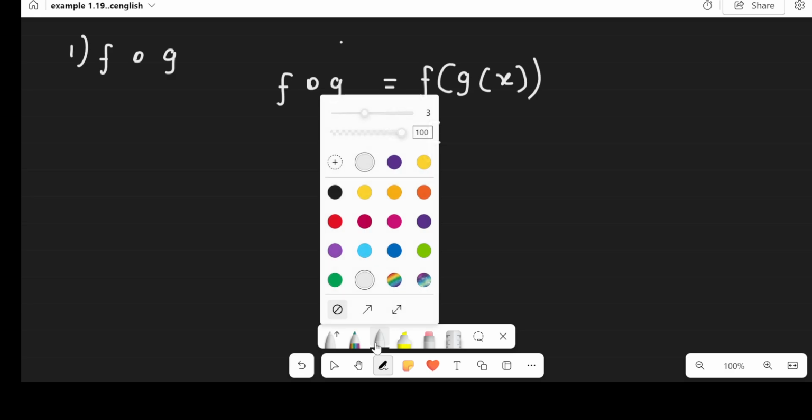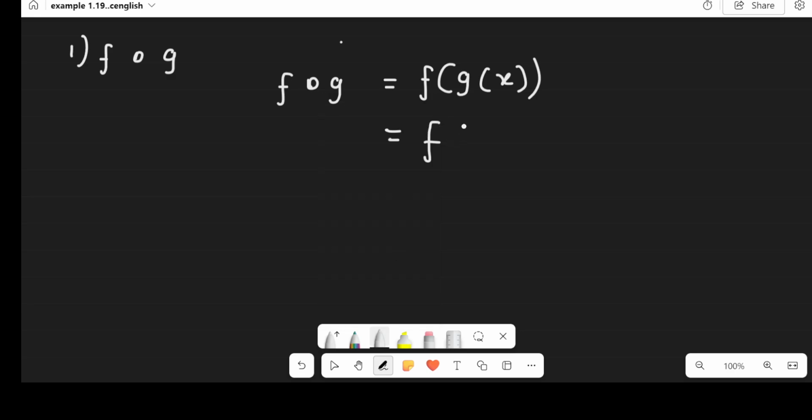We are applying x square minus 2. First step has been done. What we have done is just apply the second function. This is the result. Now we are going to apply this result in the first function.